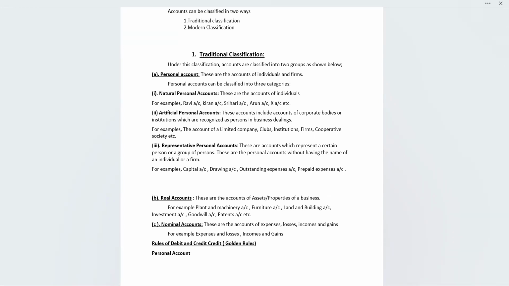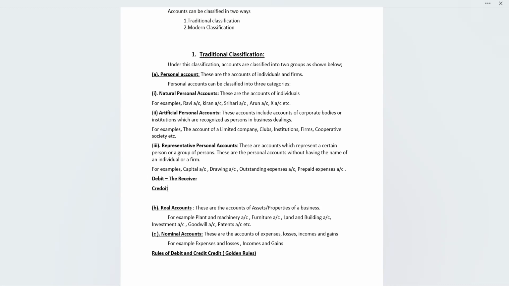I mention the rule here: debit the receiver and credit the giver.